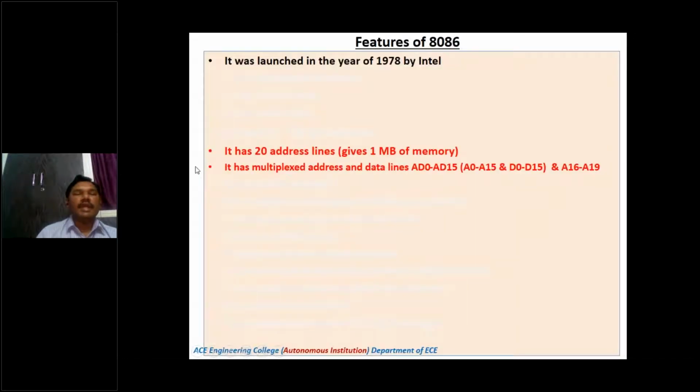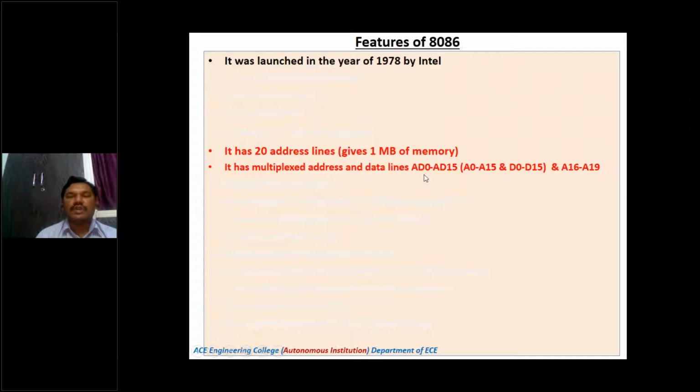Now 8086 also has 20 address lines. Why do we need 20 address lines? These address lines are multiplexed with the data lines and represented as AD0 to AD15.